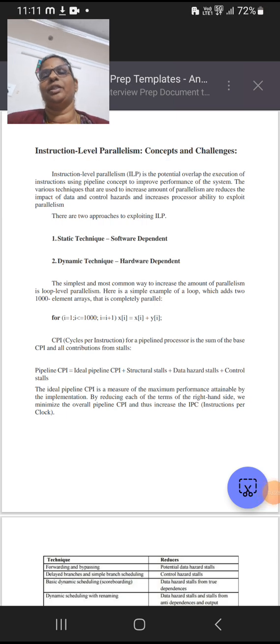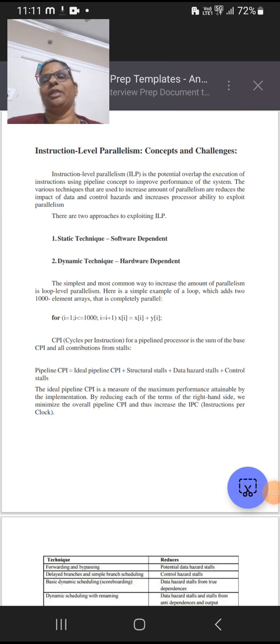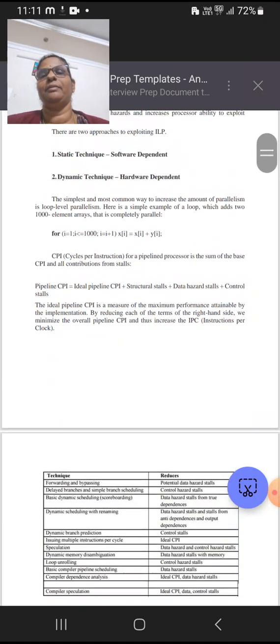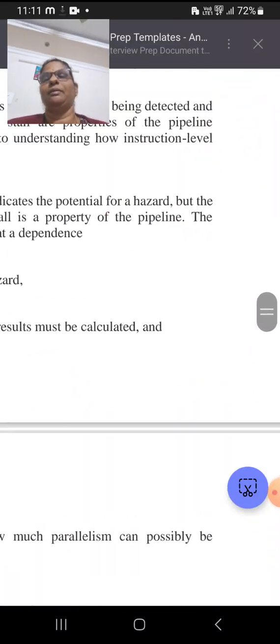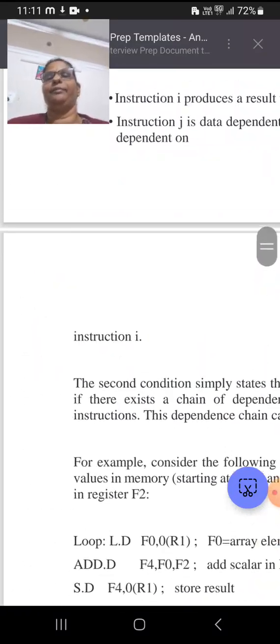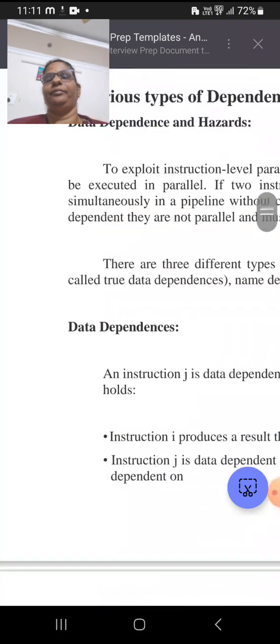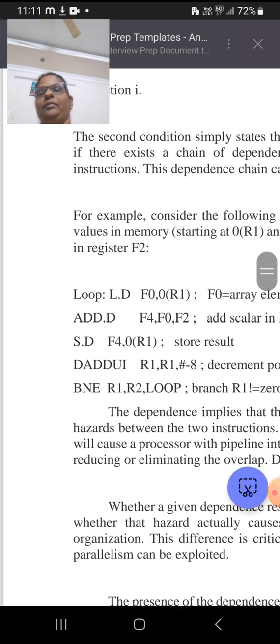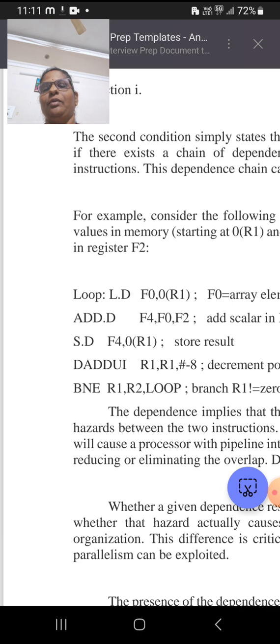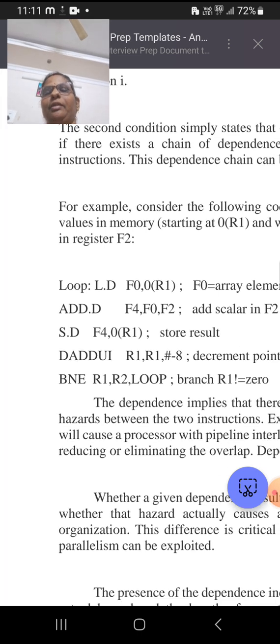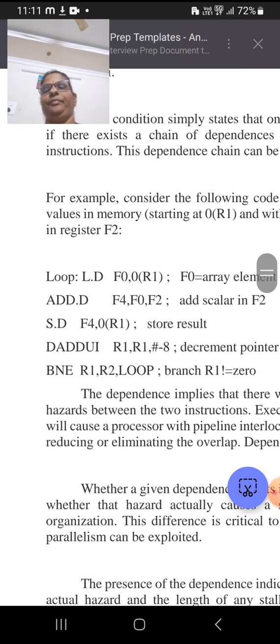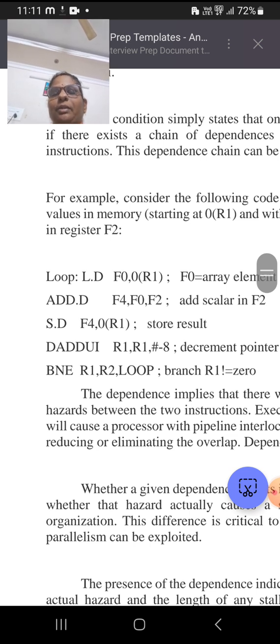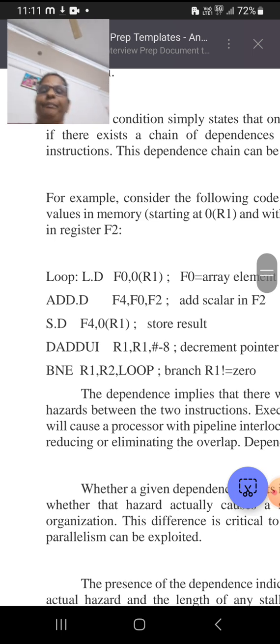Next one is instruction level parallelism concepts and challenges. Instruction level parallelism is a loop: load, add, scale up, store, decrement, and branch.